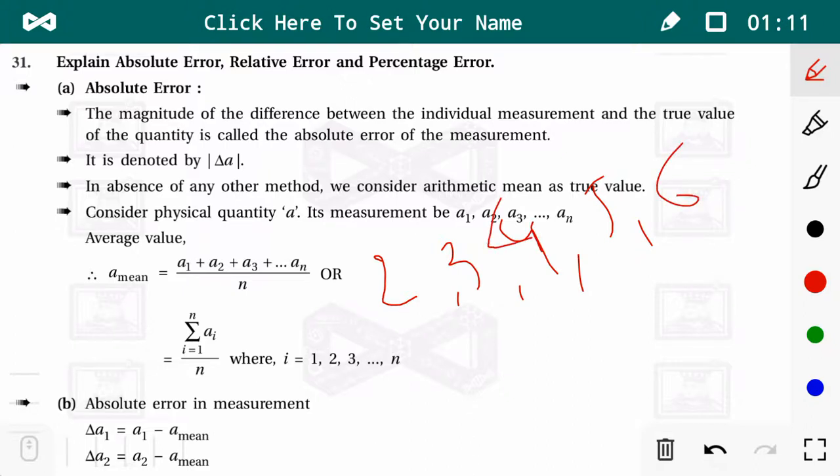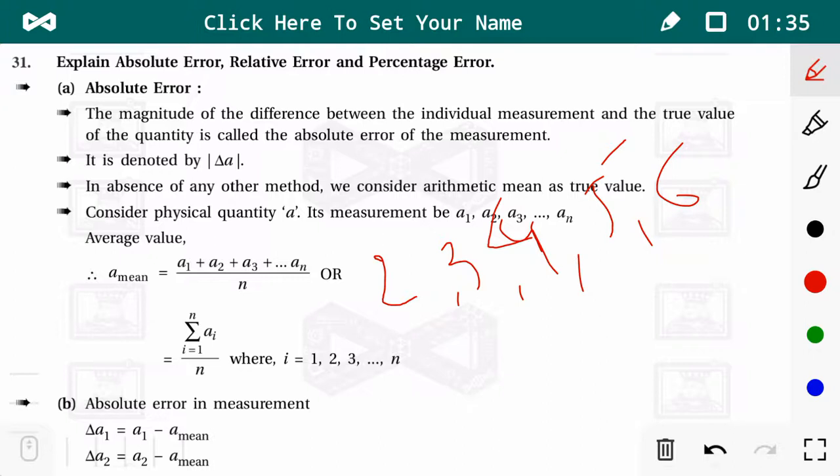These are 5 observations I got from an experiment, but I don't know which one is the true measurement, because I don't have a proper instrument that will show me the perfect measurement of my experiment.